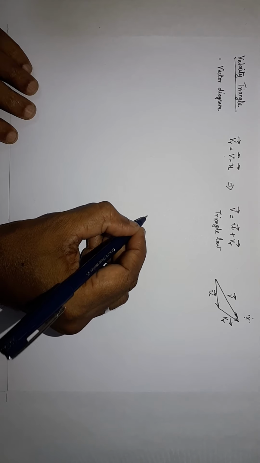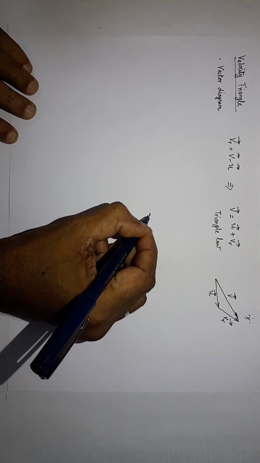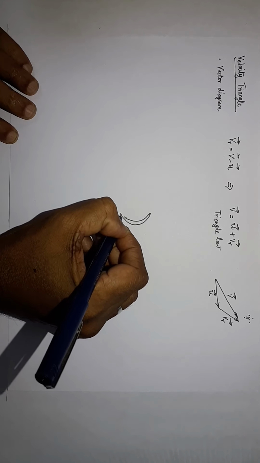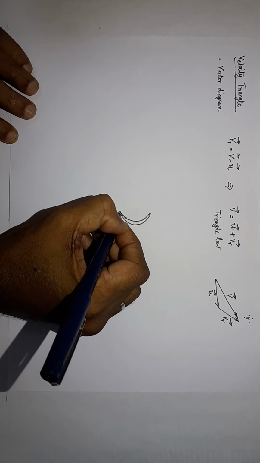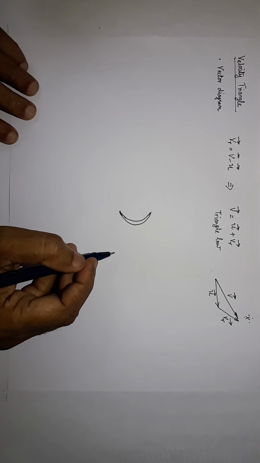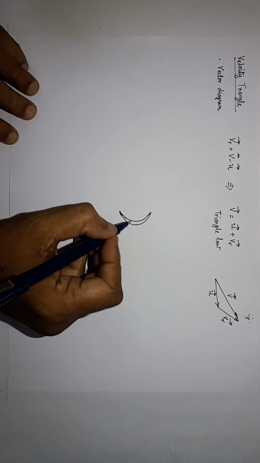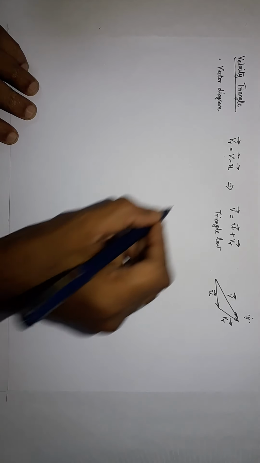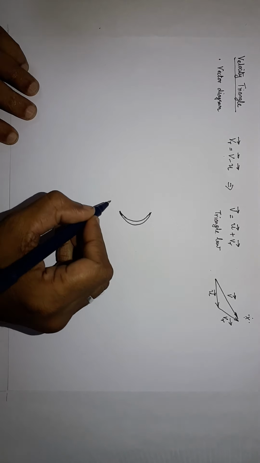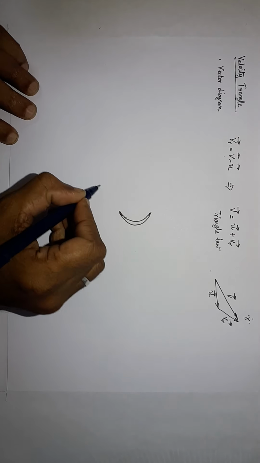From that concept I will try to draw a curved blade. So this is a curved blade, one curved blade I am showing. The fluid is going to strike here and it is going to leave. Let me draw a tangential line to the curved blade.